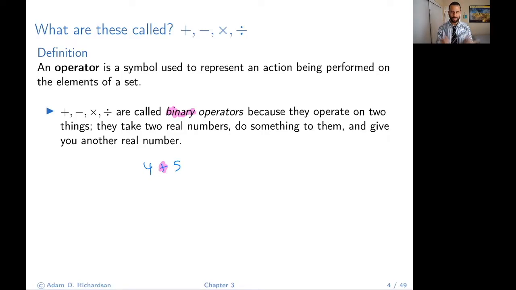One thing I like to do is think about the word operator. What do you think of when you think about the word operator? You probably think of operations, maybe you think of surgery or something like that. That's essentially what we're talking about: doing something to something, operating on something. Addition is like stitching two things together in some sense. Subtraction is literally taking something apart or taking something out of.